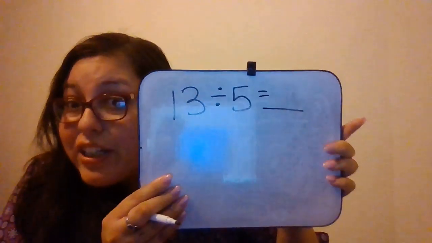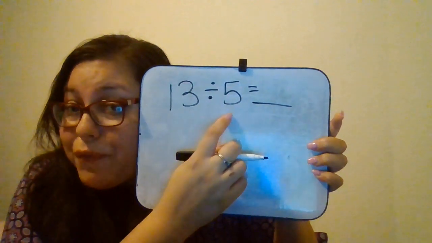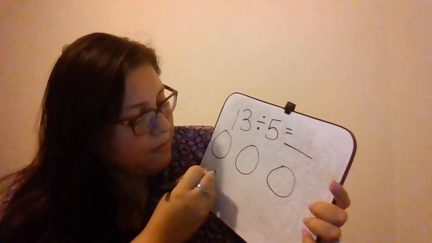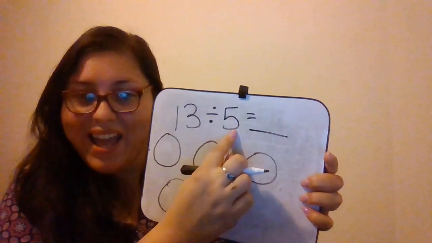So now on our board, let's write 13 divided by 5. I look at my little number 5. Let's make 5 groups. 1, 2, 3, 4, 5.